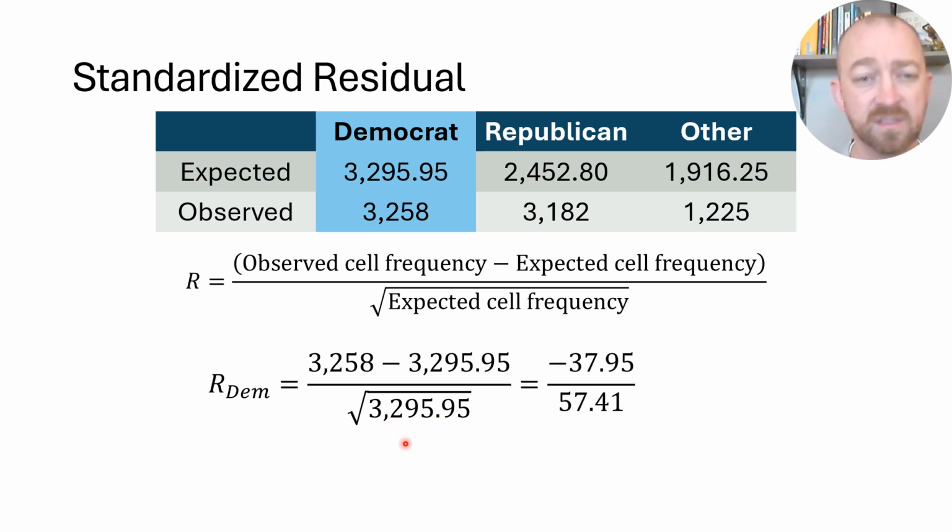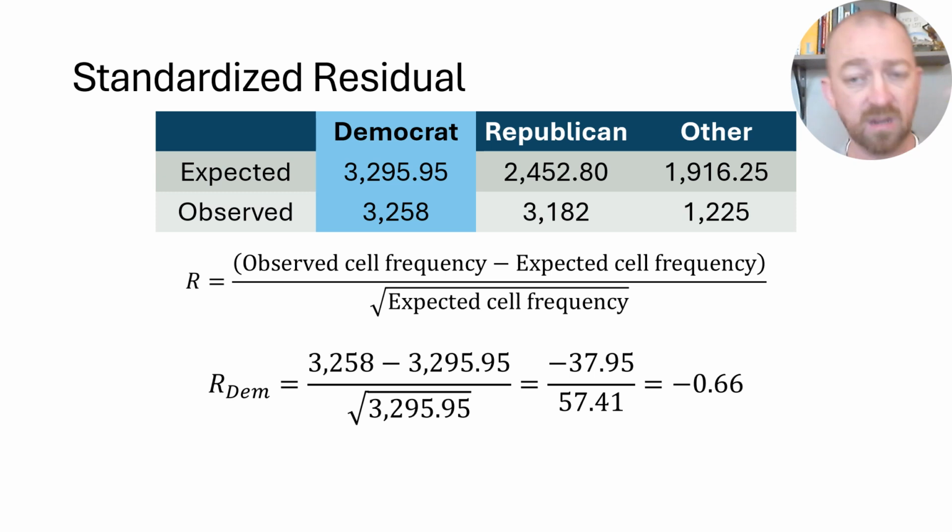So of course, the difference between the expected and observed was negative 37.95. In this case, the sign doesn't matter because we're looking at the absolute value. However, we'll continue to carry that out. The square root of 3,295.95 is, of course, 57.41. And then, of course, we simply divide to find a standardized residual of negative 0.66.